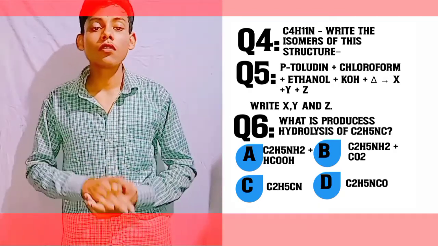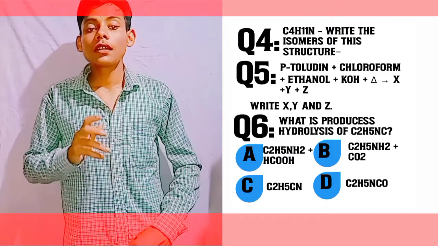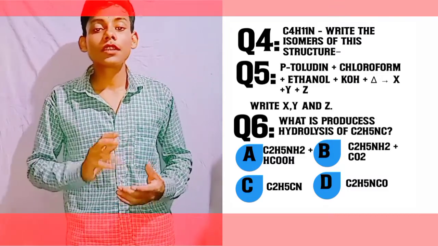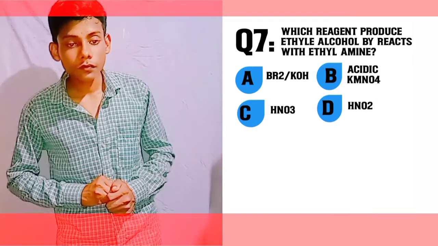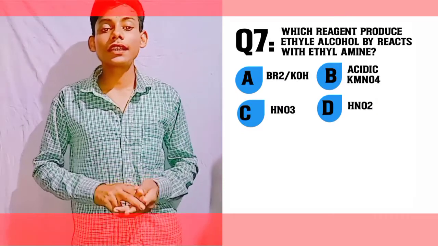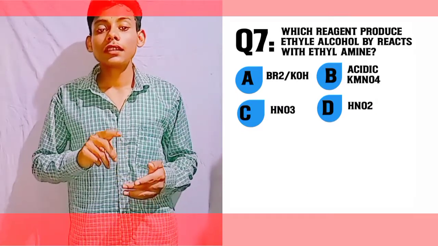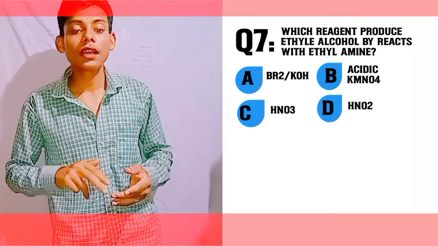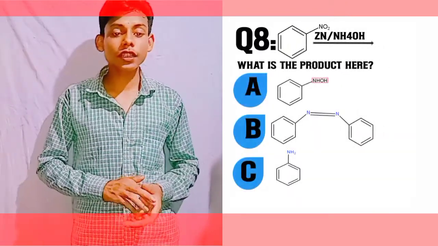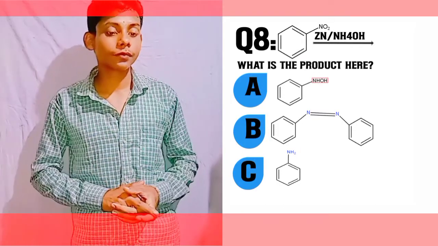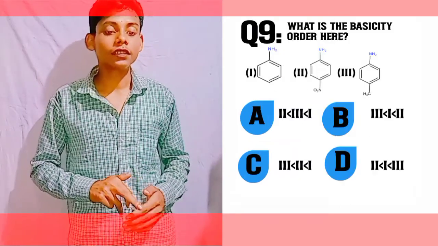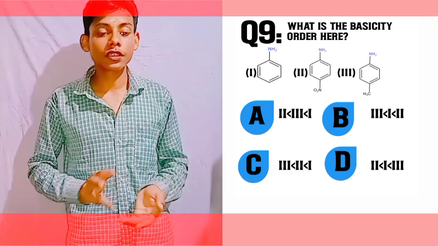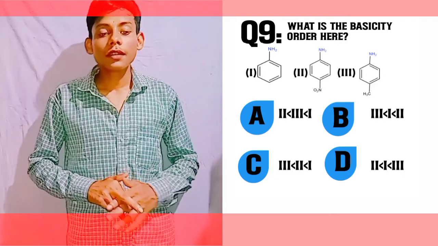Next question, what is produced by hydrolysis of C2H5NC? Next question, which reagent produces ethyl alcohol by reacting with ethyl amine? Next question, what is the product here? Next question, what is the basicity order?